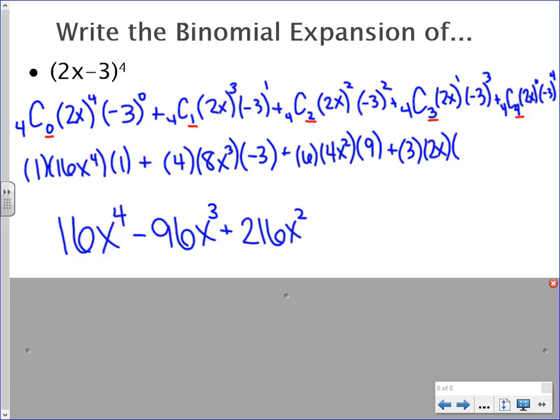And -3 cubed is -27. So our fourth term is -216x. And then finally, our last term, 4 combinations of 4 is 1. 2x to the 0 is 1, and negative 3 to the 4th power is a positive 81.